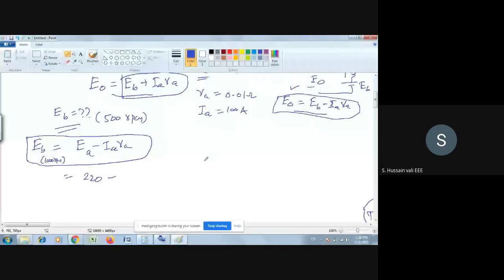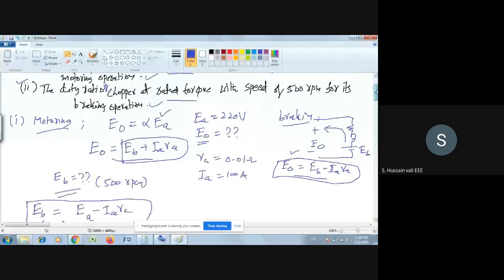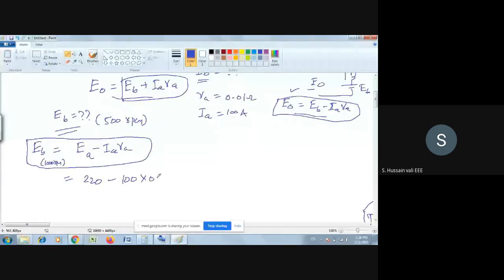So what is the supply voltage now? 220 volts, because you will take rated values only, as he has given rated values. So rated voltage minus rated current, 100 ampere into 0.01. What is the answer here? 1, so 219 volts. So at 1000 RPM, EB is 219. What is EB at 500 RPM?